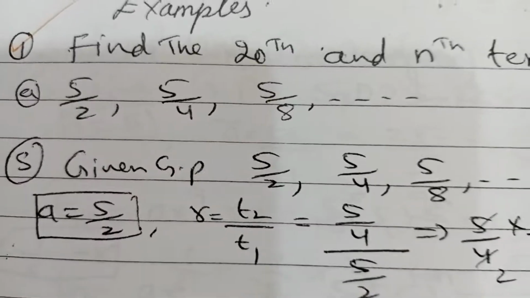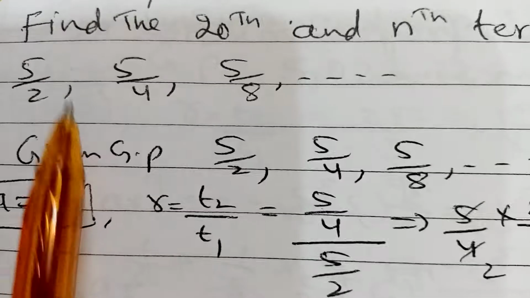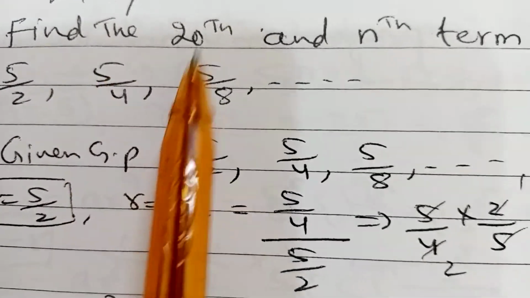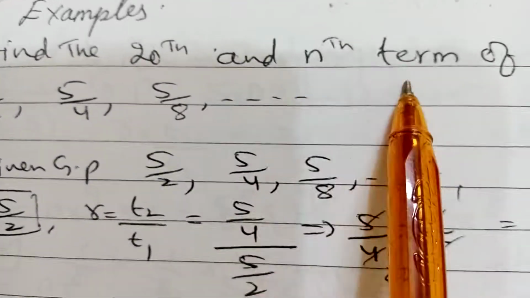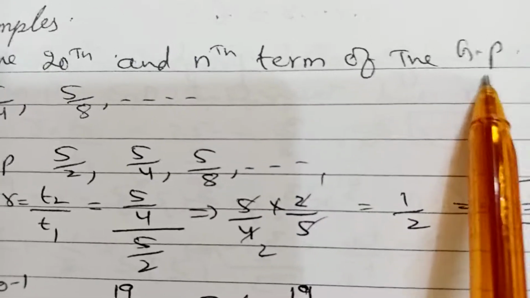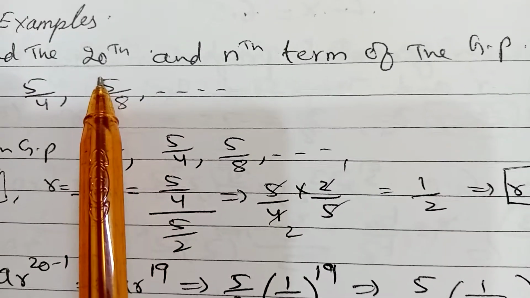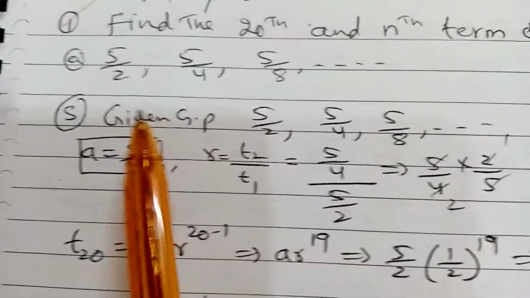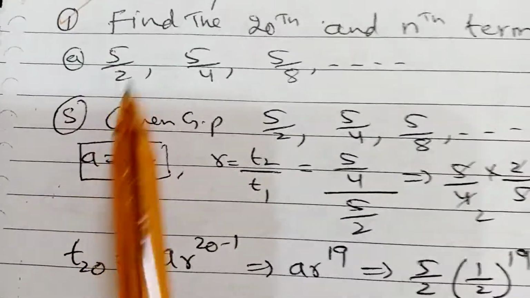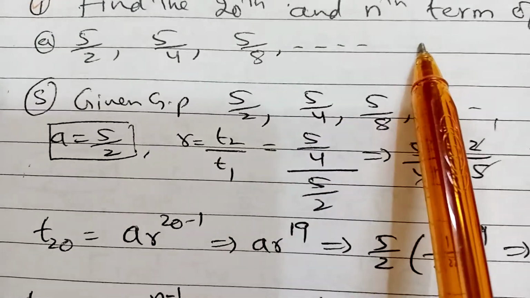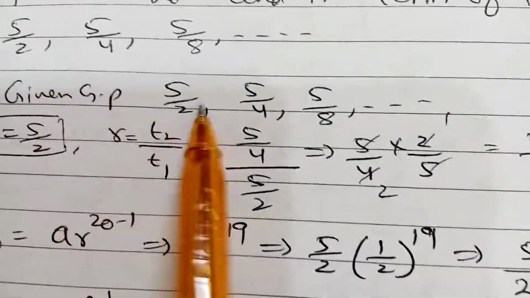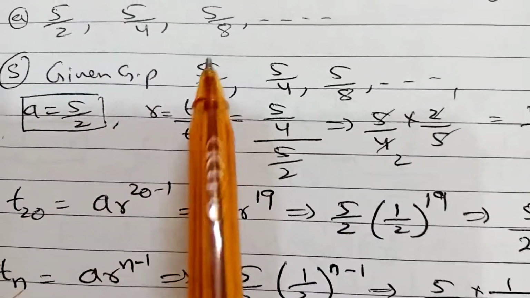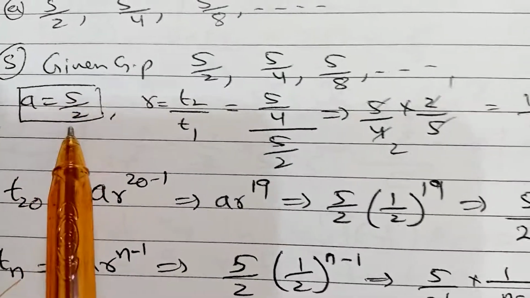Okay. Next question. Find the 20th and nth term of the GP. The 20th term T20 and Tn of a GP series 5 by 2, 5 by 4, 5 by 8, up to this one. So given series first term 5 by 2, so a is equal to 5 by 2.